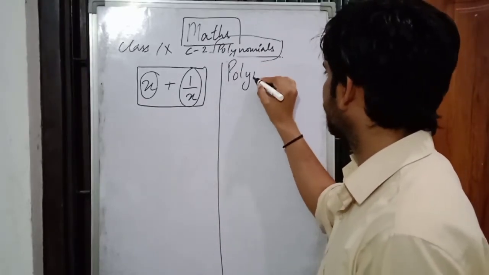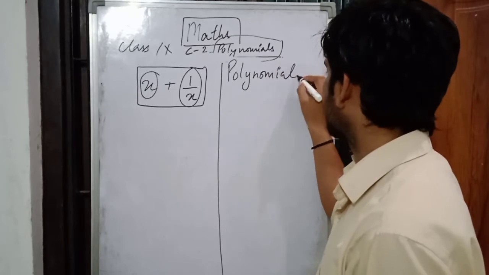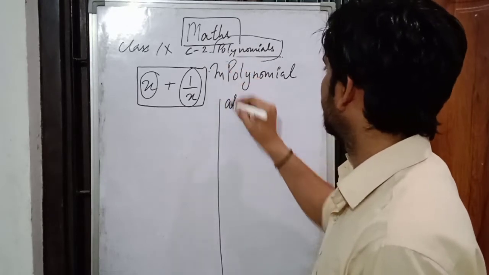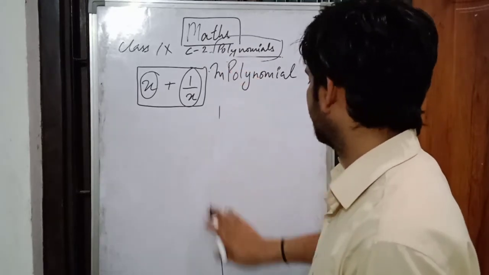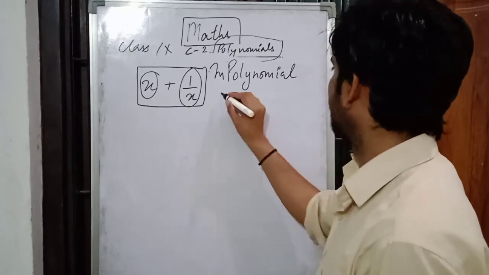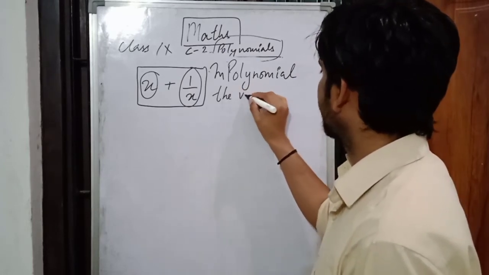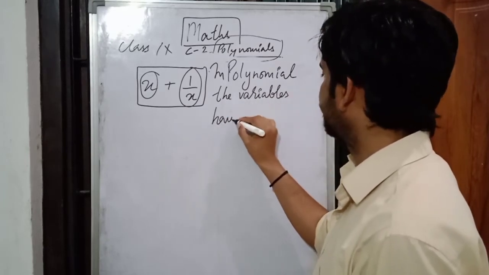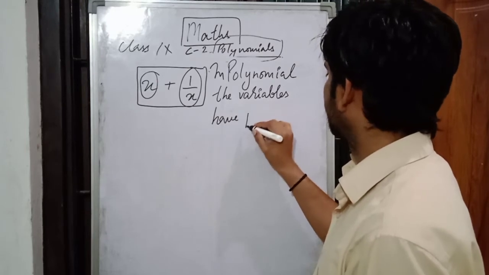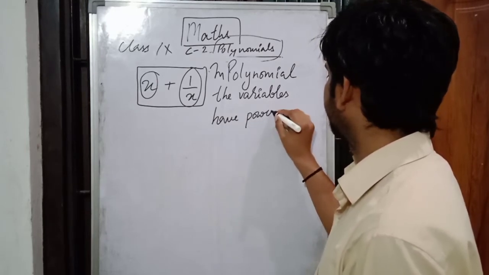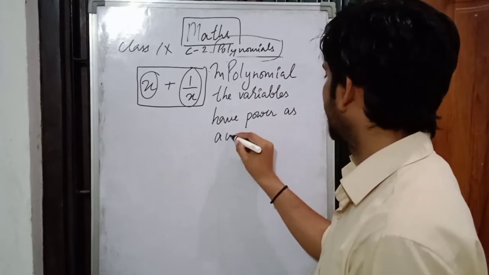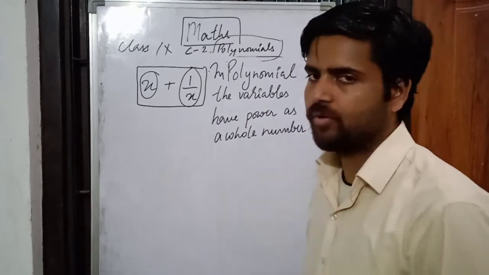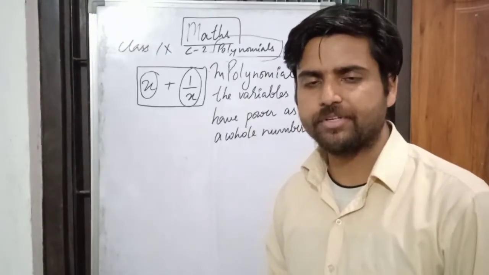In a polynomial, the variables have power as a whole number. This is the condition for recognizing whether any expression is a polynomial or not.